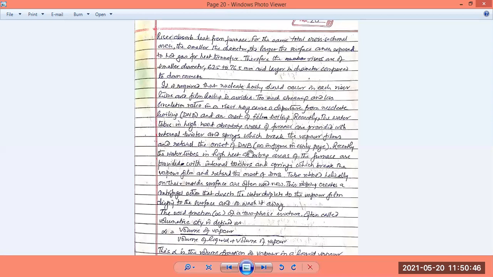And for DNB, as in the figure in the furnace. Recently, the boiler tubes in high heat absorbing areas of the furnace are provided with internal twisters and springs, which break the vapor film and retard the onset of the DNB.